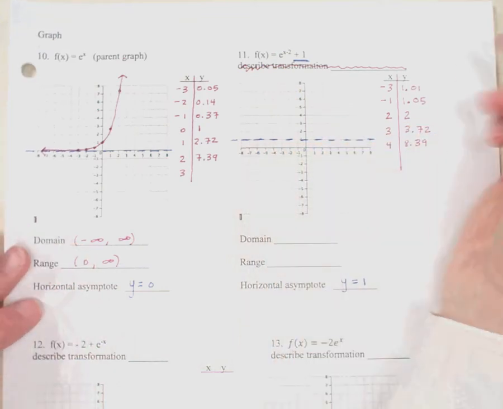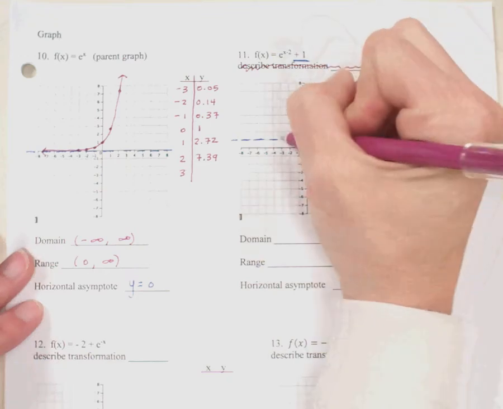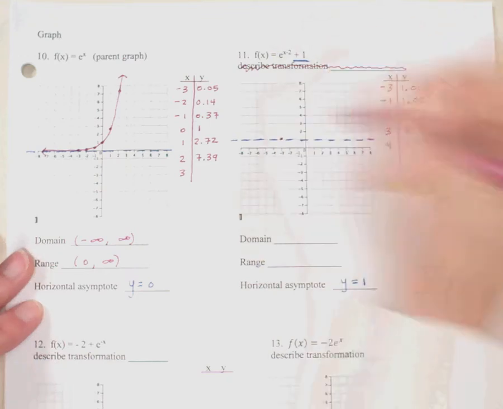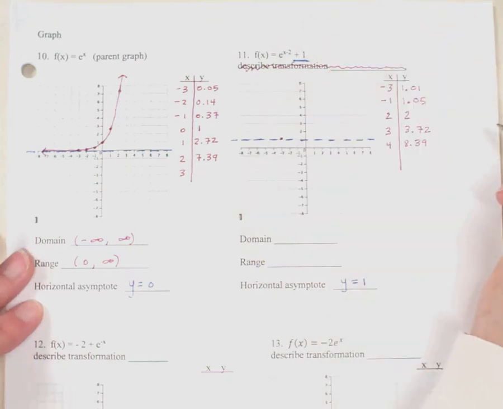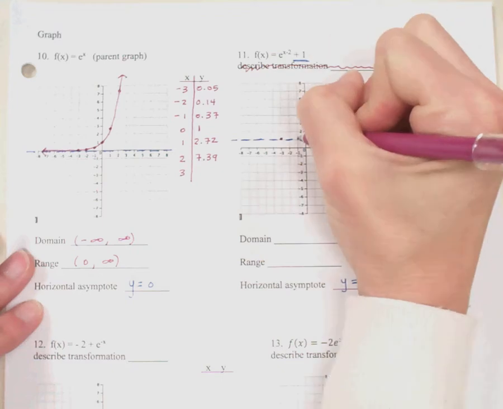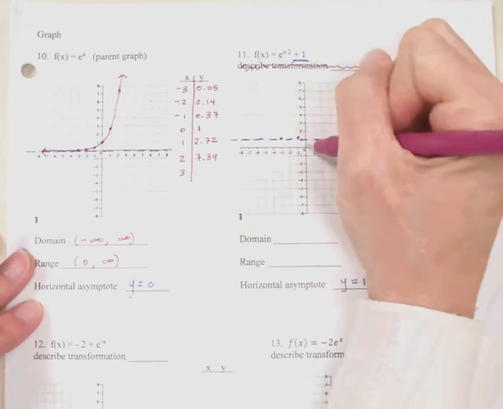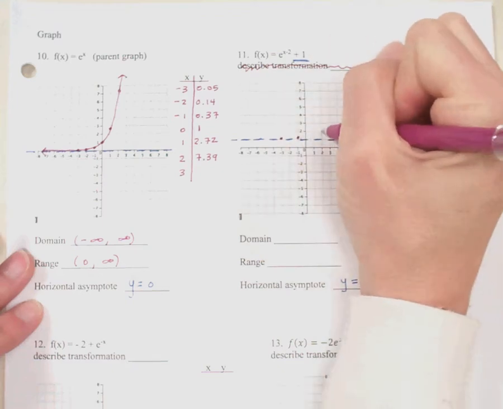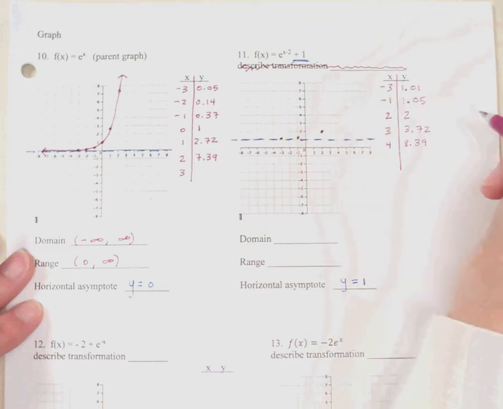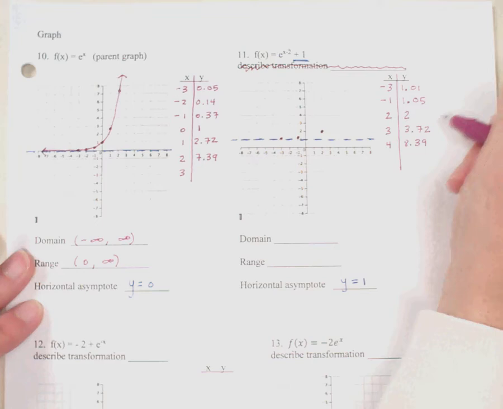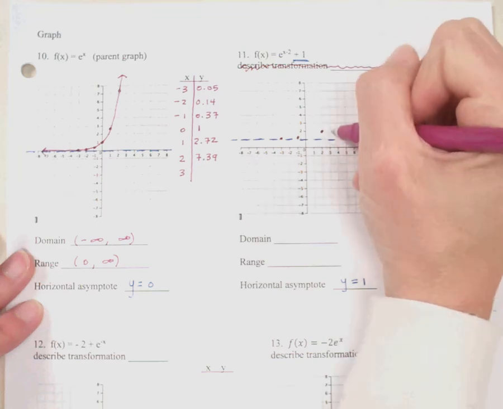And plot your points. I have -3, 1.01. -1 is 1.05. I have 2, 2. I have 3, 3.72.